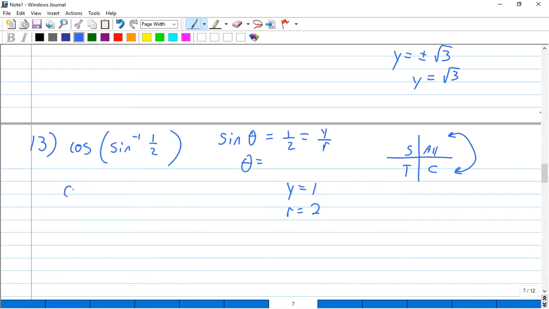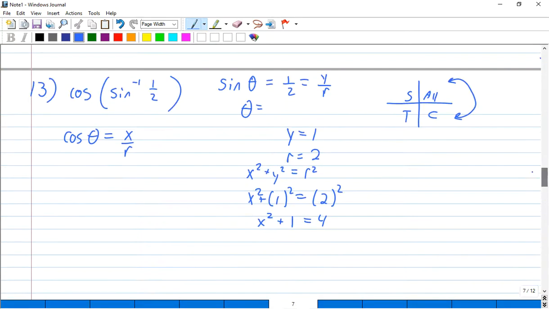So to find the cosine of theta, we need x over r. So I don't have x, so I use x squared plus y squared equals r squared. All right, so x squared plus 1 equals 4. Subtract 1, subtract 1.